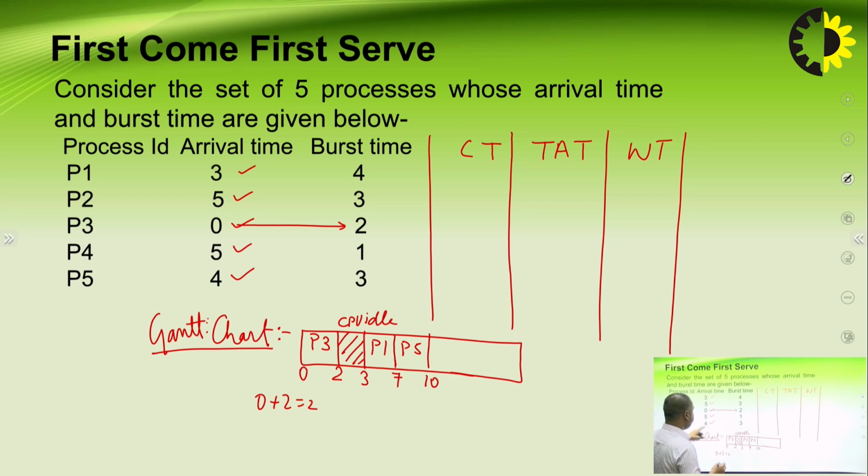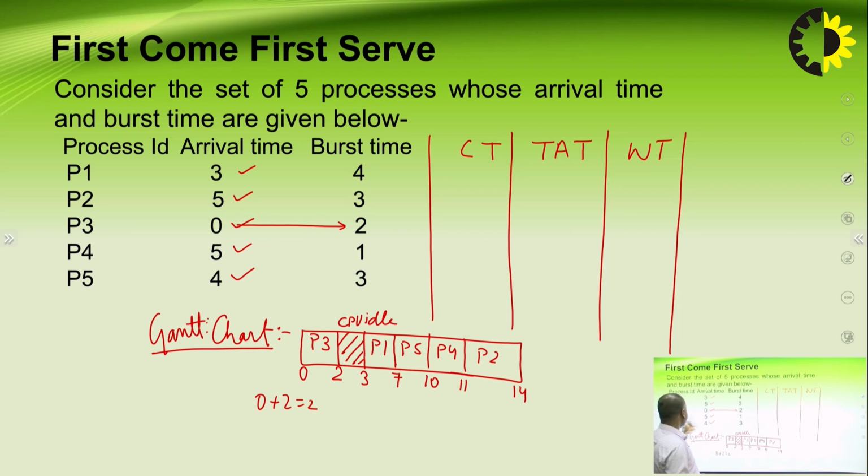So P4 is first, it runs for 1 unit, so 11, and lastly P2, which takes 3, so 14. So this is the Gantt chart.